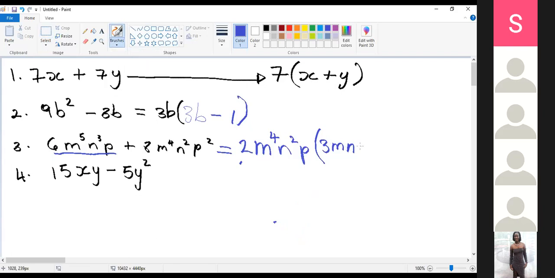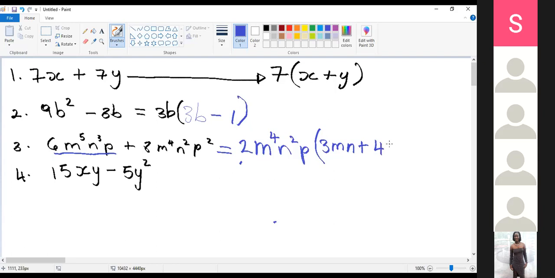And then for the other one now, this factor going into 8, n to the 4, n to the 2, and p to the 2 gives you what? You're going to have plus 4. Plus 4, because 2 into 8 goes 4 times.